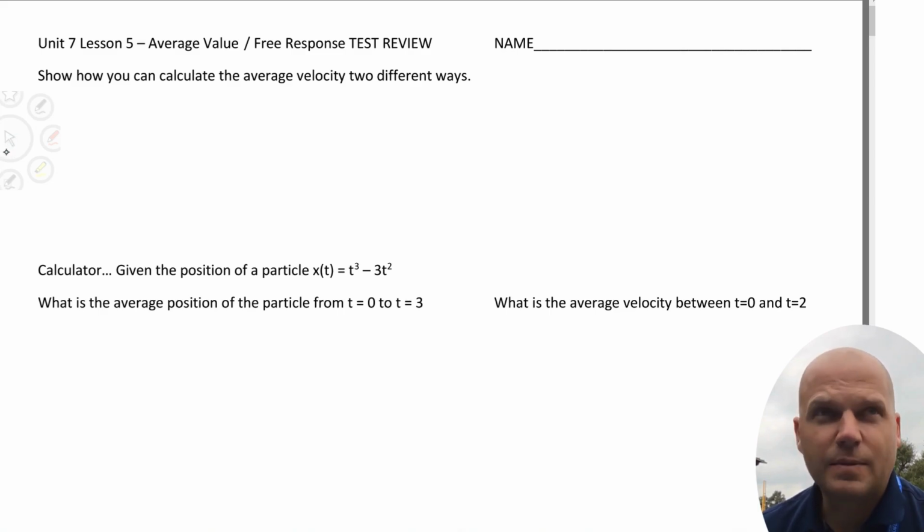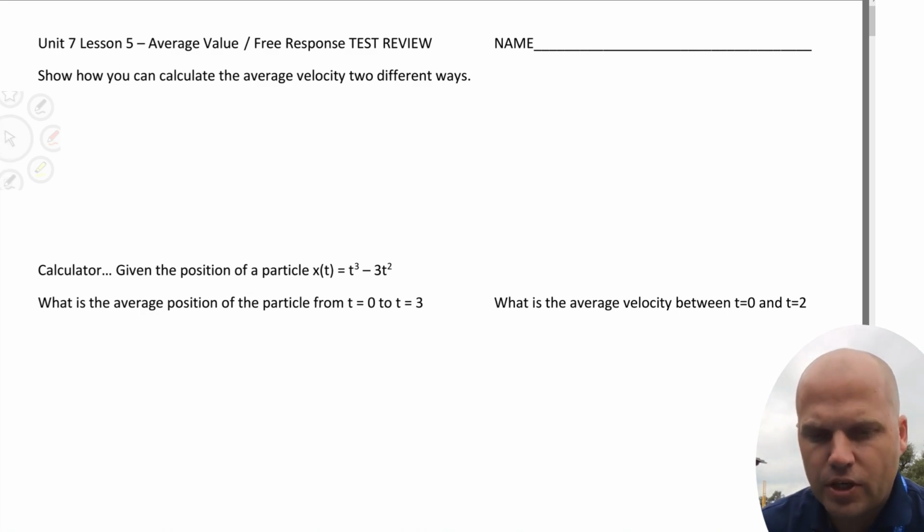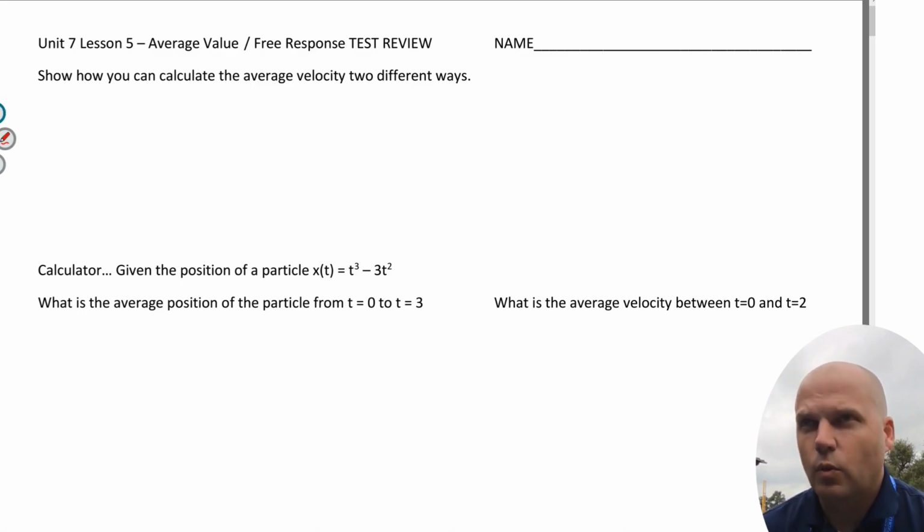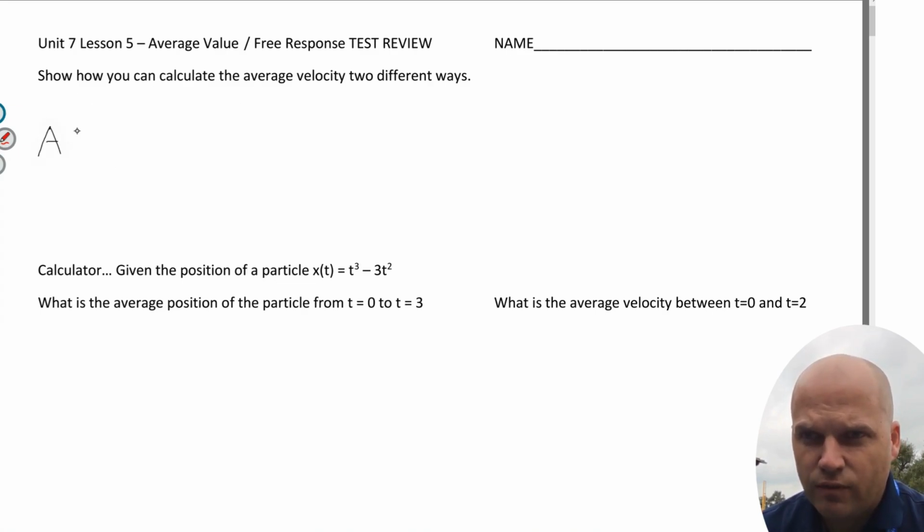And the last part of this lesson is really a transition for us into just understanding an accumulation of something is just equal to the displacement of its antiderivative. The way I try to get us there is through our understanding of the average velocity, knowing that velocity is the rate of change of position.